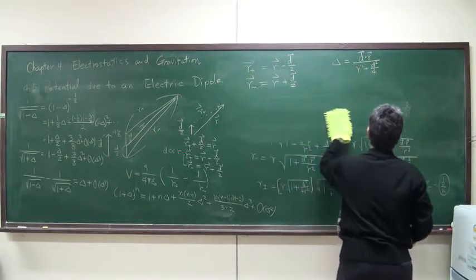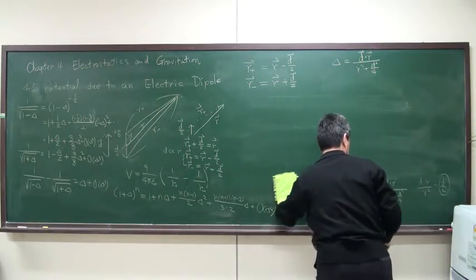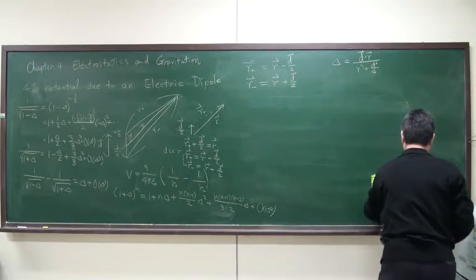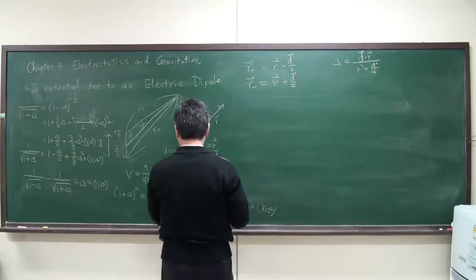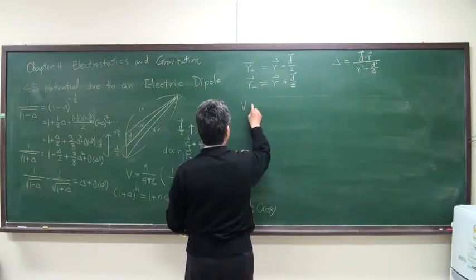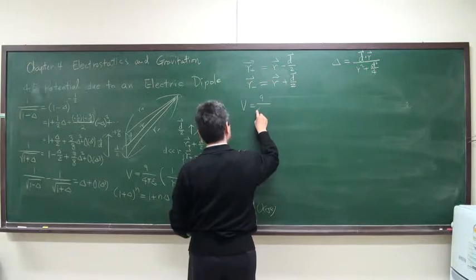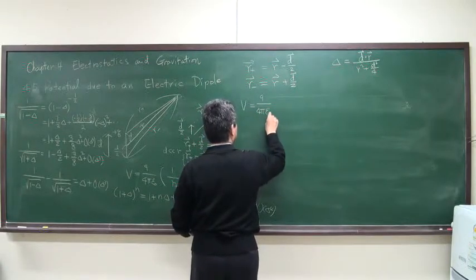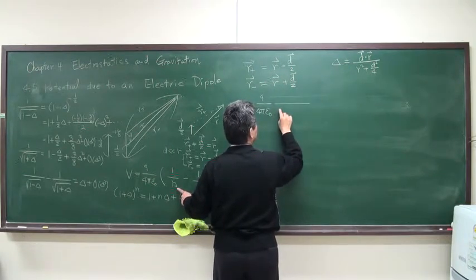Erase. Potential for the dipole, charge Q over 4 pi epsilon 0, and what was the other factor?